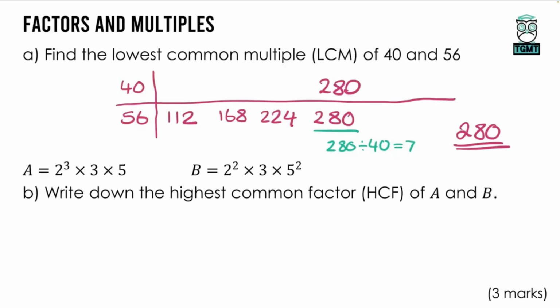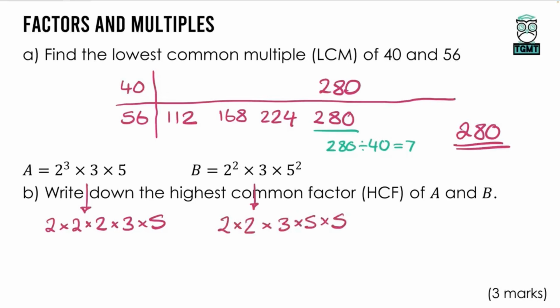Now it might be that that's okay for you to find the highest common factor of, but there is an easier method. If you write these numbers out in the sort of long form, so 2 times 2 times 2 times 3 times 5, and our other number, 2 times 2 as it's 2 squared, times 3 times 5 times 5, all we actually have to do is identify the numbers that are in both.